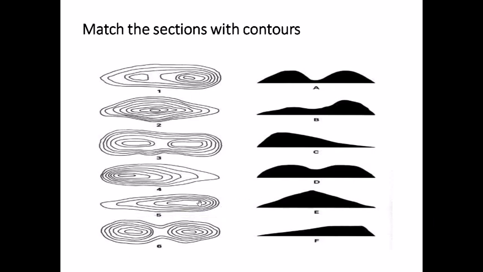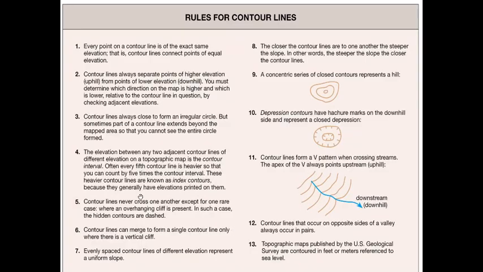But it can be the case that in this contour, if I write 500, 400, 300, 200, 100 over here, that means instead of this being a hill, it's a valley. Because at the center, the elevation is lowest, and as you go towards the sides, the elevation keeps on increasing. That means this is a valley. So you need to see what the index contours tell you, how the elevation is changing as you move along the contour map, and that is how you get a picture of what the ground is like.